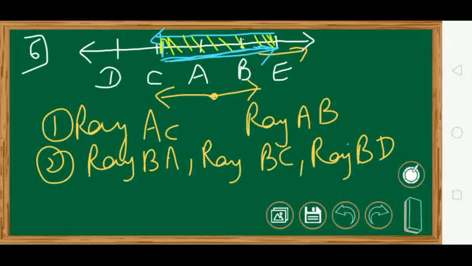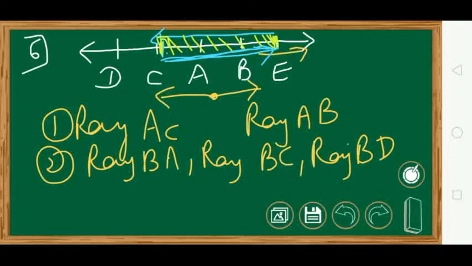That means on both the sides its limit is fixed. So which has got limit on both the sides, what is that? It is a segment. Now this endpoint is C and from here the endpoint is E. Okay? So segment CE. It will not be a ray. Why not ray? Because it is not going further infinitely. It is stopping.